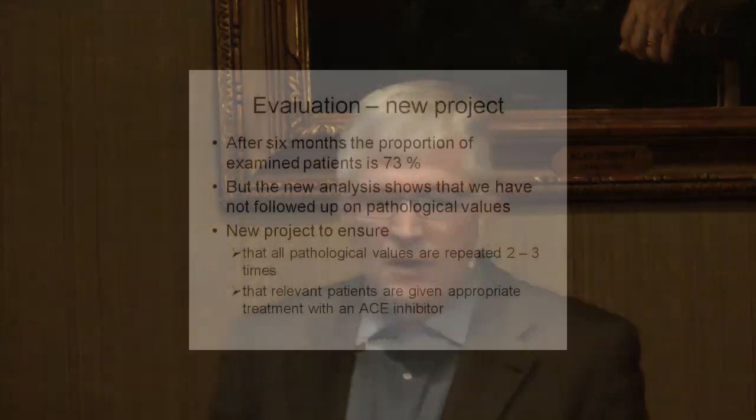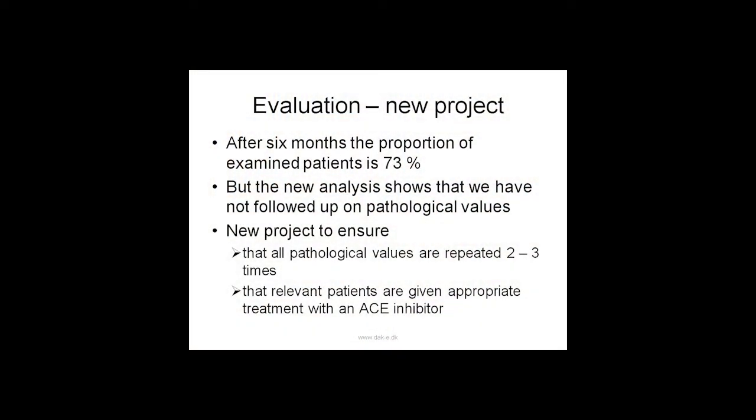After 6 months, the proportion of examined patients is 73%, but a new analysis shows that we have not followed up on the pathological values. So we have to make a new project to ensure that all pathological values are repeated 2 or 3 times, and that you do what you should do.